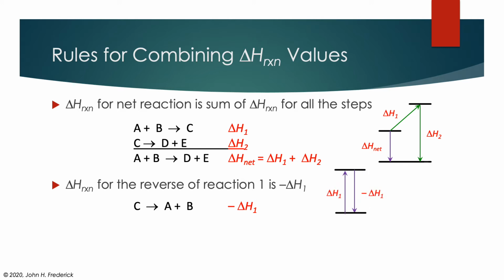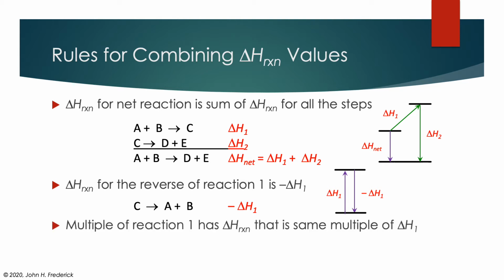This is pretty easy to see. If I have an endothermic reaction where I go up from the bottom line to the top line with an enthalpy change of delta H1, the reverse reaction goes from the top line to the bottom line. So it's going to be the same distance in energy space, or enthalpy space, but in the opposite direction. So it'll be negative delta H1.